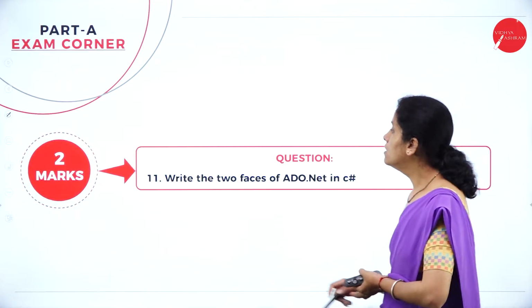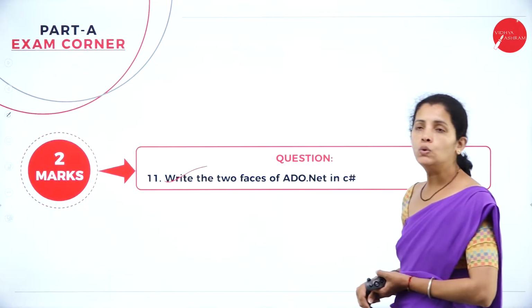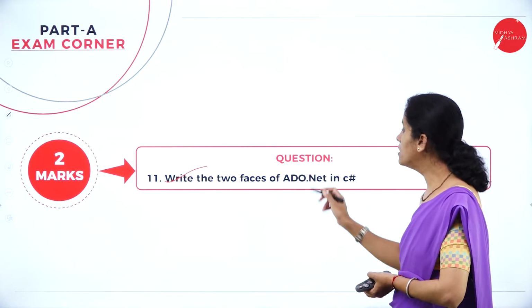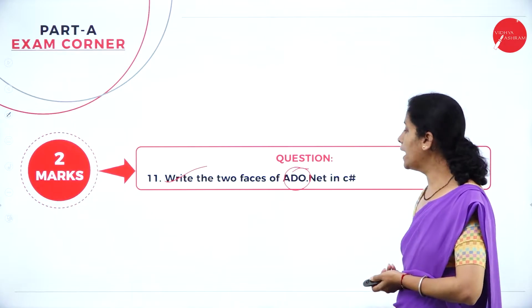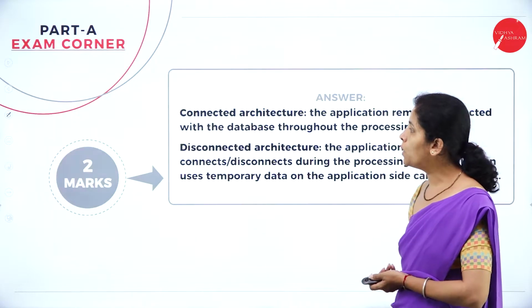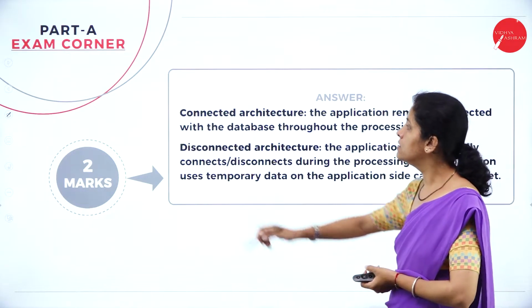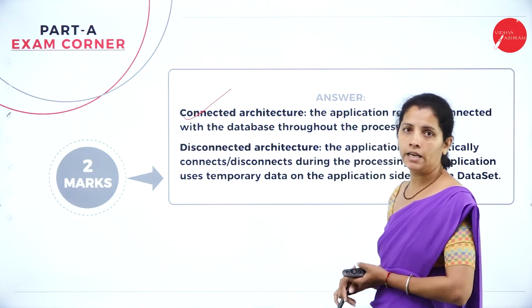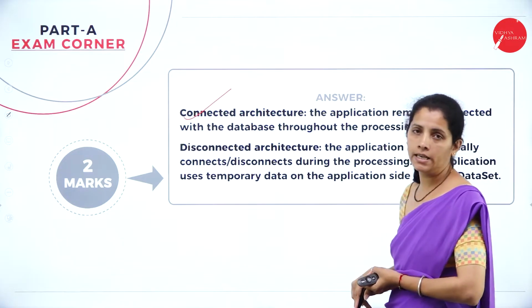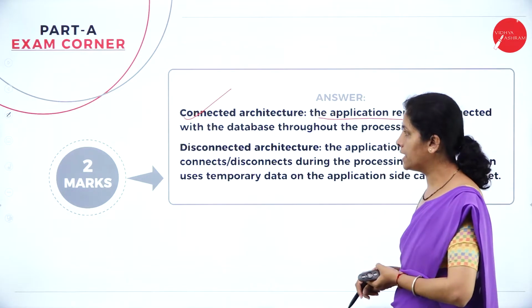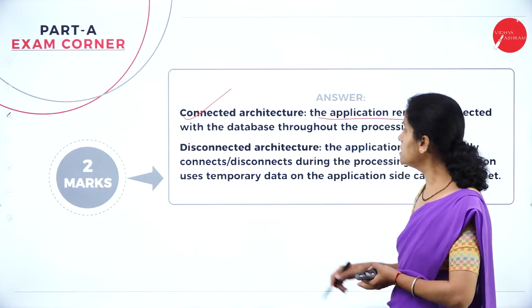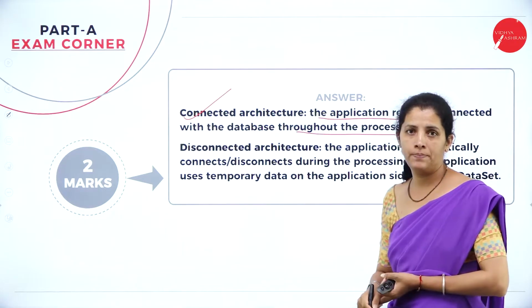Now, write the two phases of ADO.NET in C#. So what are the two phases? That is connected architecture and disconnected architecture. The application remains connected with the database throughout the processing.